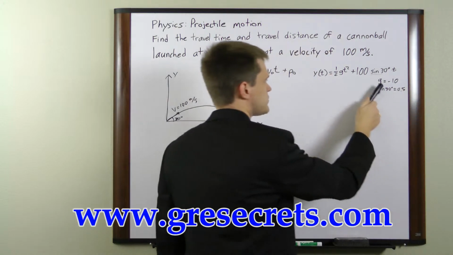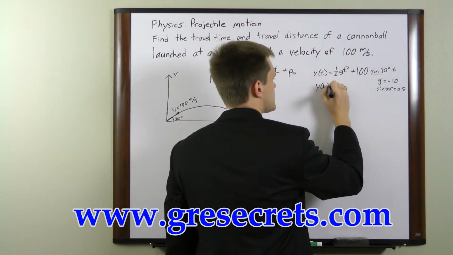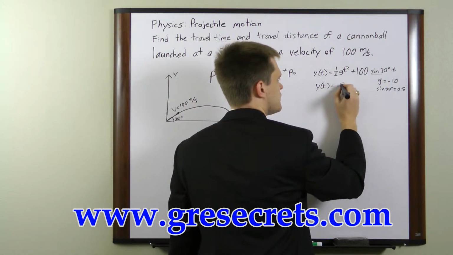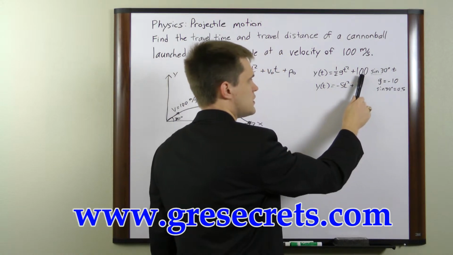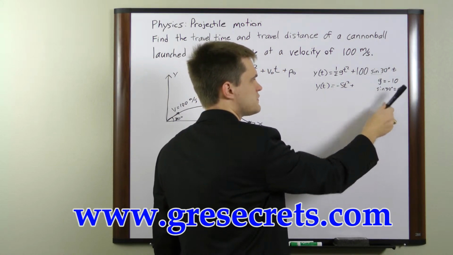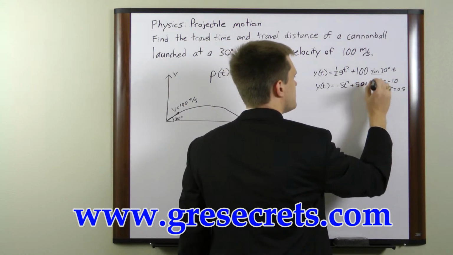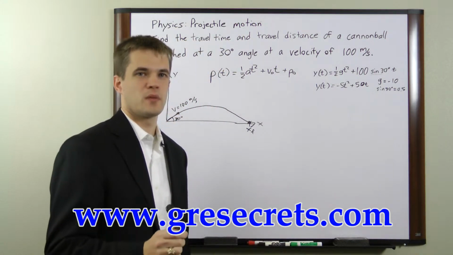So we're going to substitute in these values, and what we have is y at time t equals 1/2 times -10 is -5. So -5 t squared plus 100 times 0.5 is 50. So we have plus 50 t. So this is our equation of motion in the y direction.